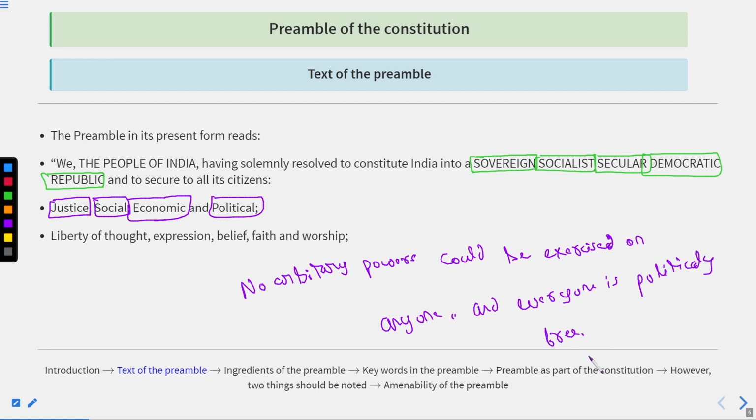All right. And last is liberty of thought, expression, belief, faith, and worship. Okay. So that is the text of the preamble.